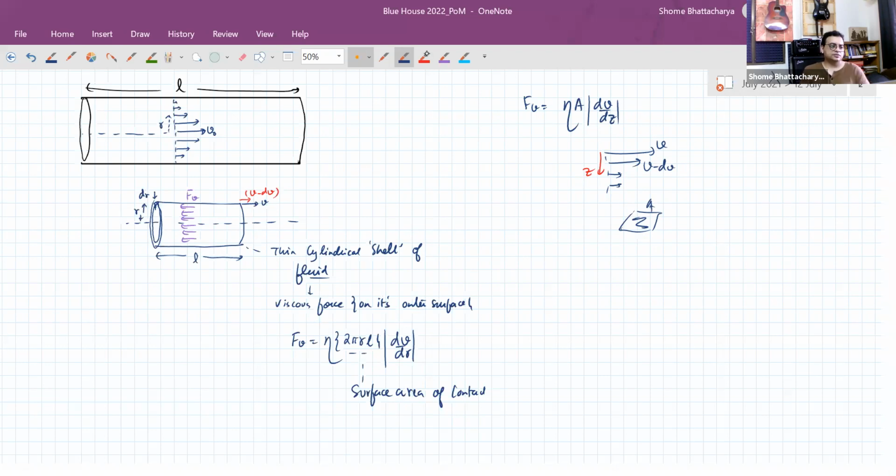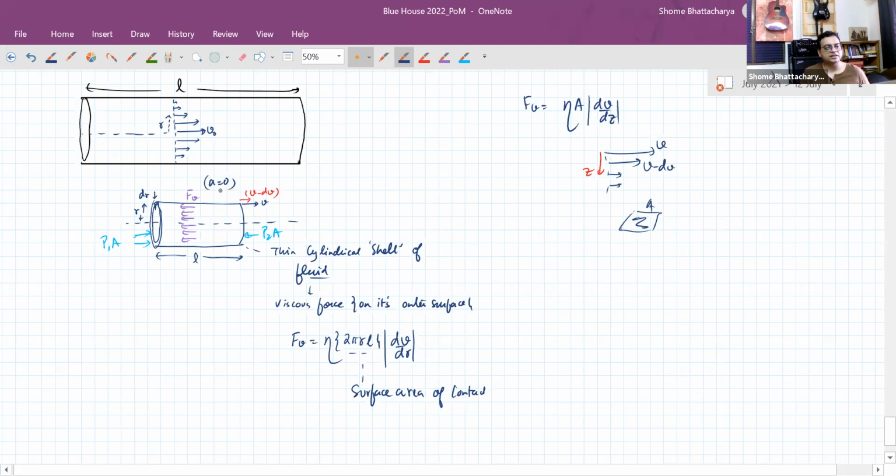So now imagine that if this shell of liquid is moving at a uniform speed of v, then this viscous force has to be overcome by force due to pressure difference. If the force on this side due to pressure is P1 into whatever area, the force from that side has to be P2 into that same amount of area. And this has to have zero acceleration.